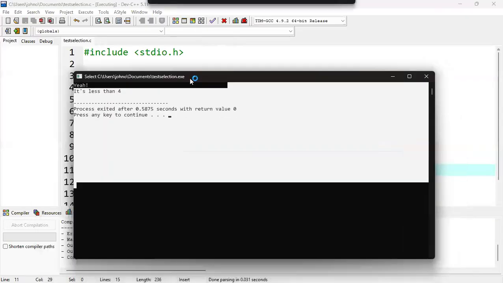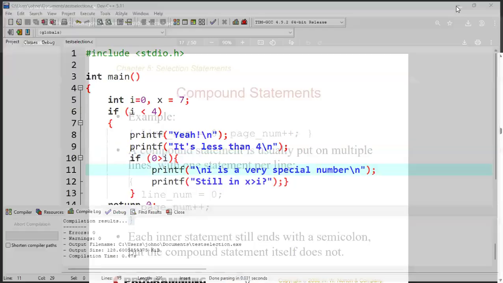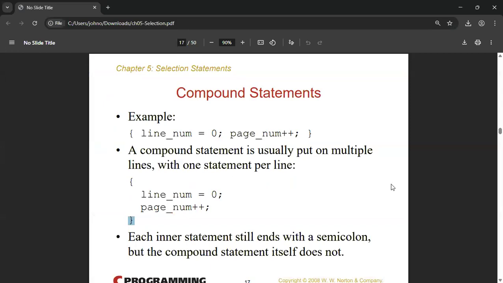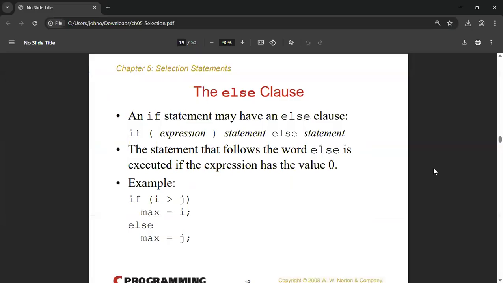Okay, so this is an example of a compound statement. All of these are pretty simple expressions. Now that you understand the general policy, I always use the brace after if.